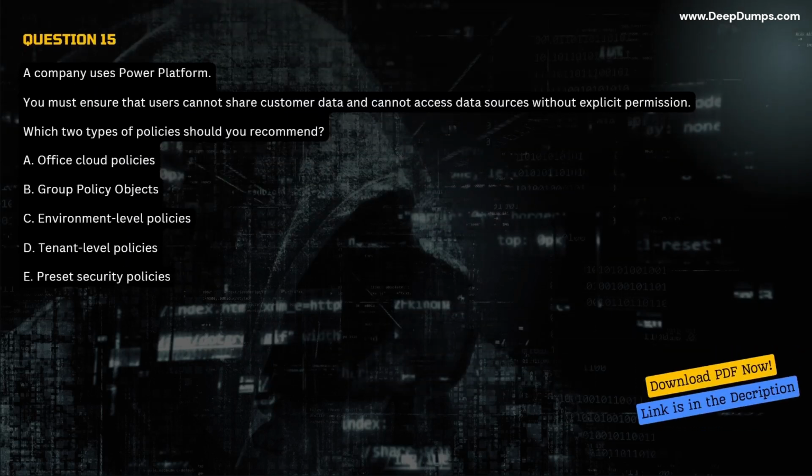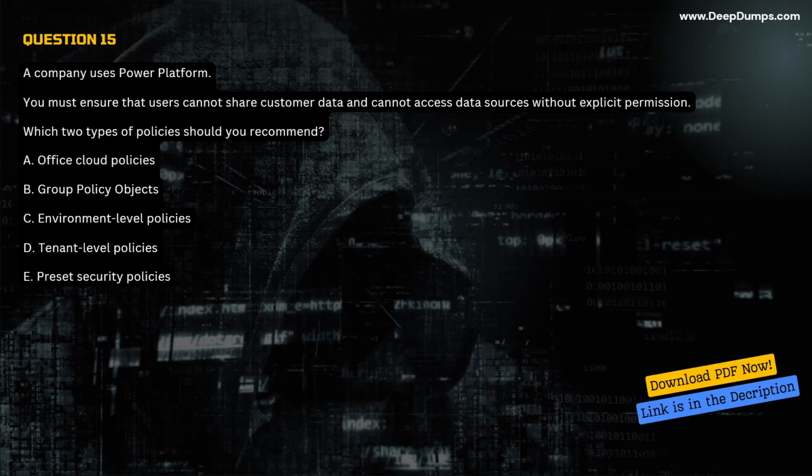Question 15. A company uses Power Platform. You must ensure that users cannot share customer data and cannot access data sources without explicit permission. Which two types of policies should you recommend? A. Office Cloud Policies. B. Group Policy Objects. C. Environment Level Policies.